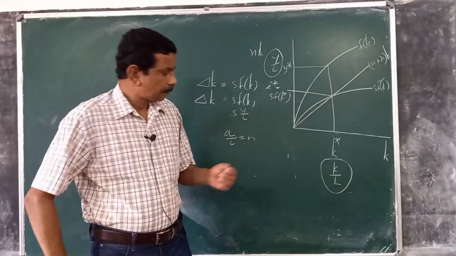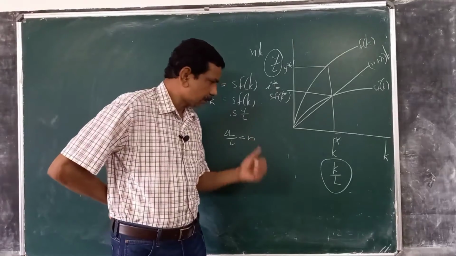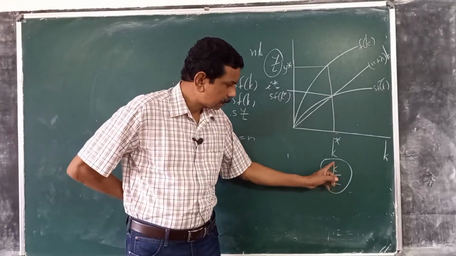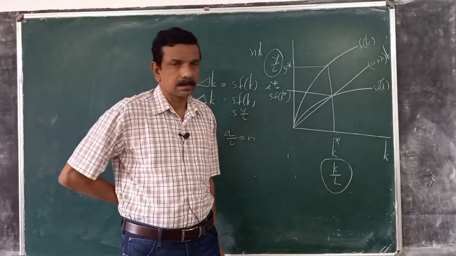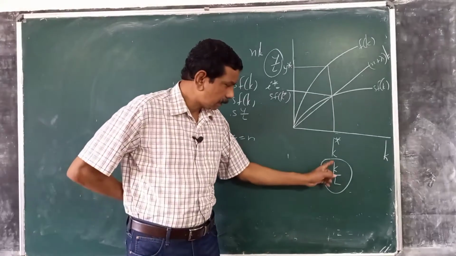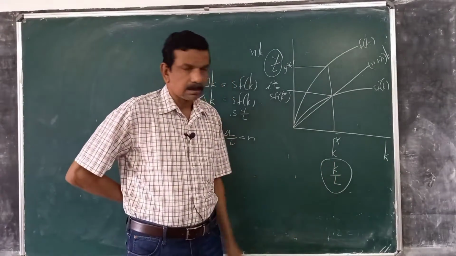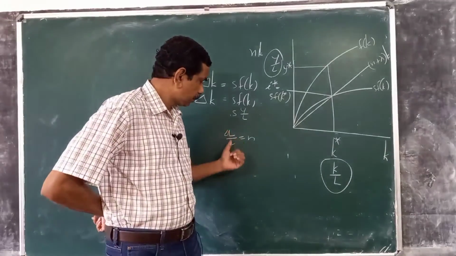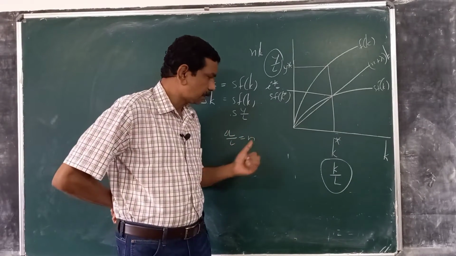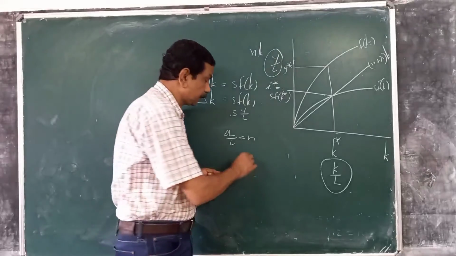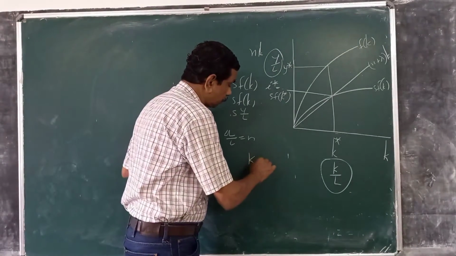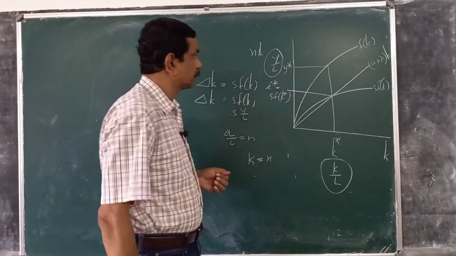Now, population is growing at a rate equal to n, but k by L is a constant. So k by L will remain a constant when population is growing at a rate equal to n, if and only if k is also growing at a rate n.